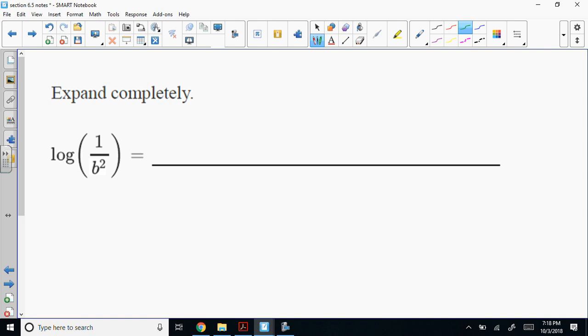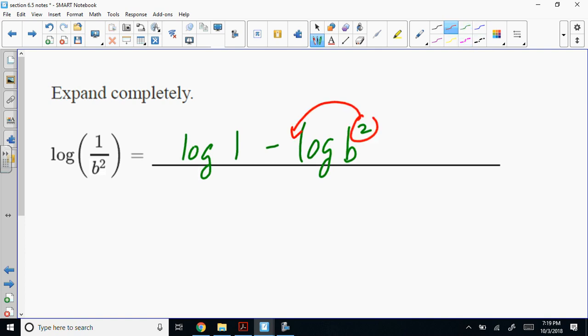So it'll be log of 1 minus log of what? b squared, right? And then what do I have to do? I have to take this out to the front.